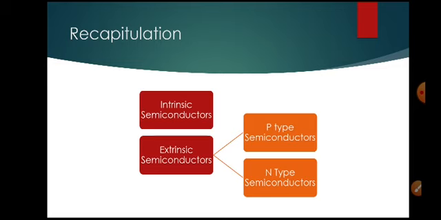These semiconductors are called intrinsic semiconductors or pure semiconductors. Examples of pure semiconductors are pure germanium or pure silicon. Silicon and germanium are available in an extremely pure form. These are the intrinsic semiconductors.